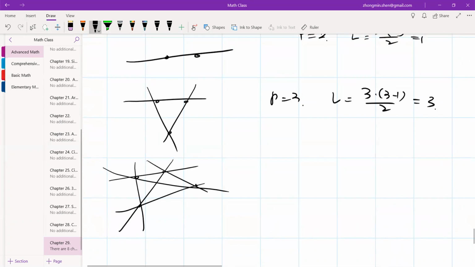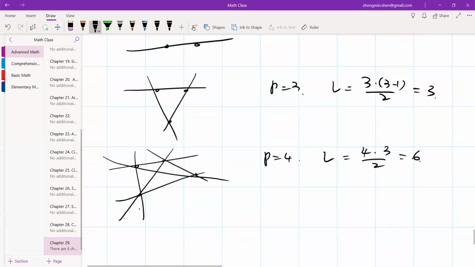So how many lines when P equals 4? It's going to be 4 times 3 divided by 2, 6 lines. Let's count. 1, 2, 3. Okay. 6 lines or not? Yeah. 4 points determine 6 lines.